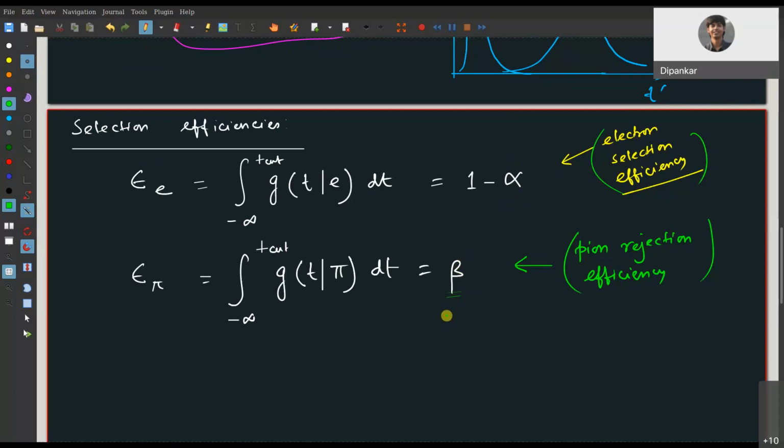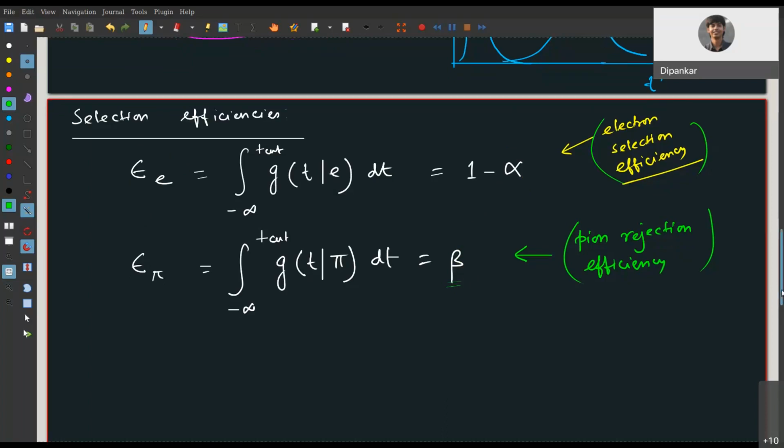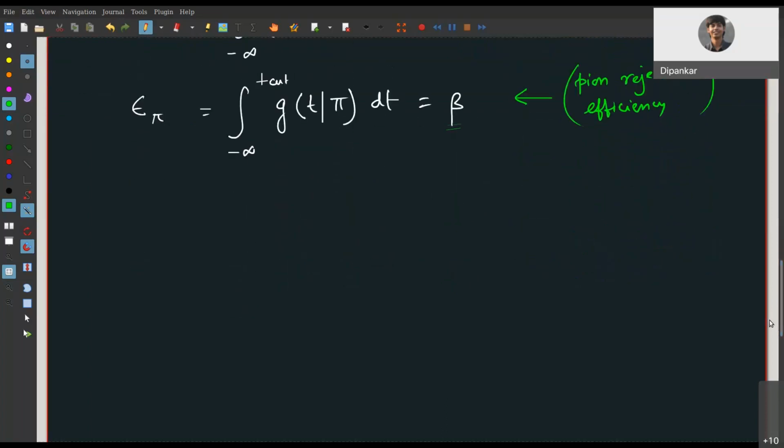All right. Now, actually, there is one extra parameter that usually enters your study, that is the relative fraction of electrons and pions.